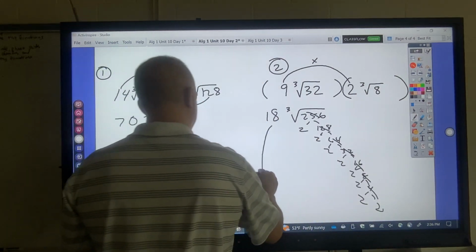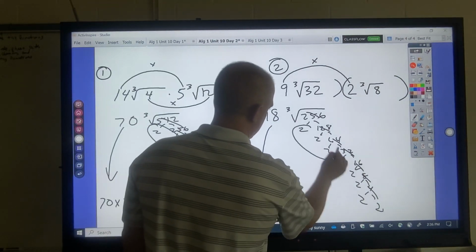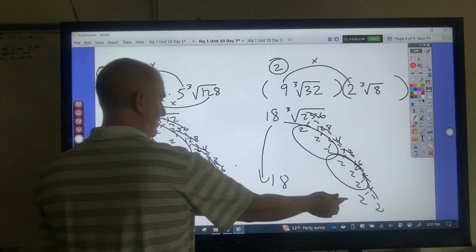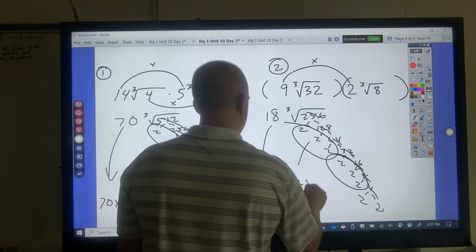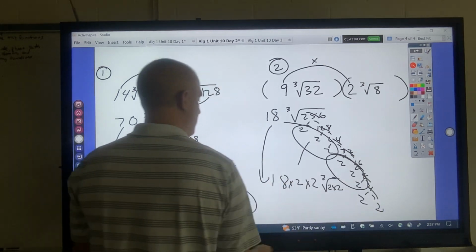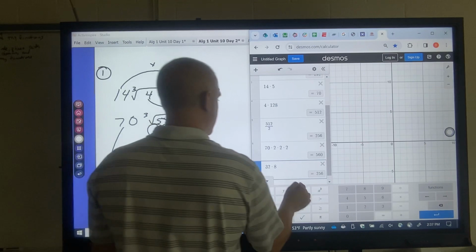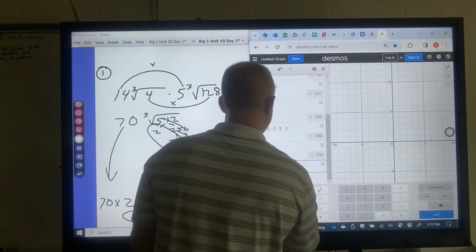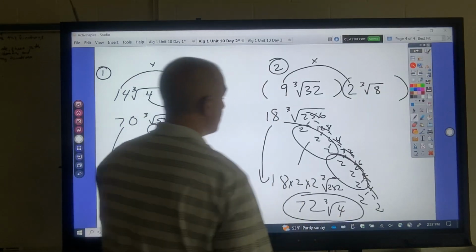That 18 automatically comes down. Okay, looking to circle groups of 3. 3, 3, can't circle that because those are left over. So I can take 2 from this group, 2 from this group, and then this would be 2 times 2 on the inside with those. So inside's gonna be 4. 18 times 2 times 2 is 72. 72 cube root of 4.